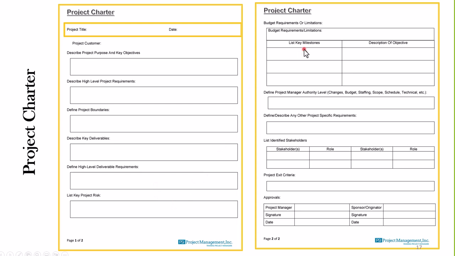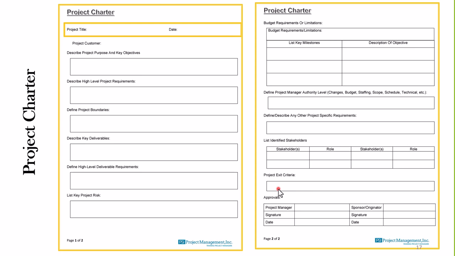We may have some budget and time constraints, and that would be specified in the project charter. And then the authority level of the project manager, some of the key stakeholders perhaps, and what conditions would cause us to exit this project.